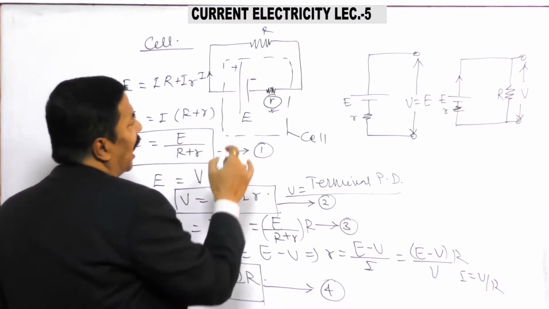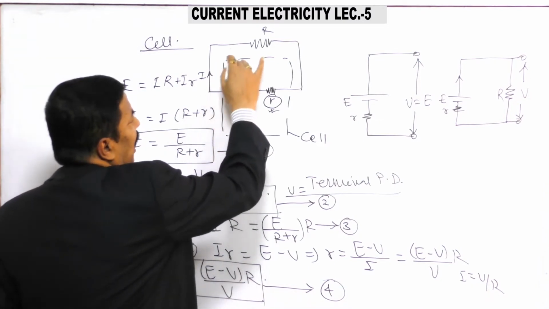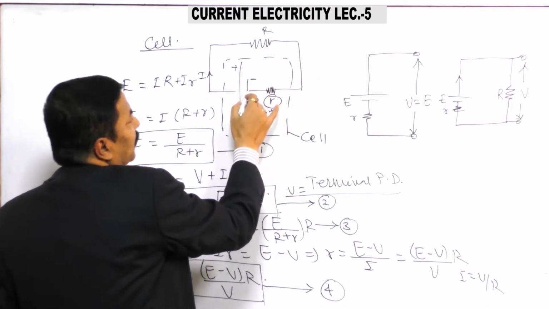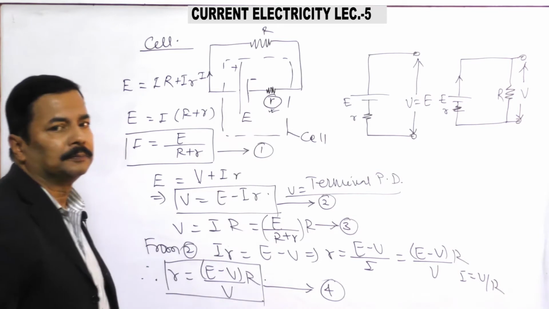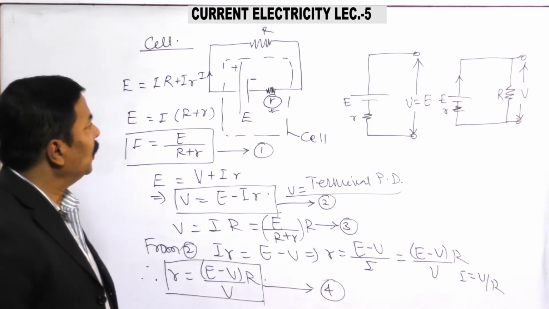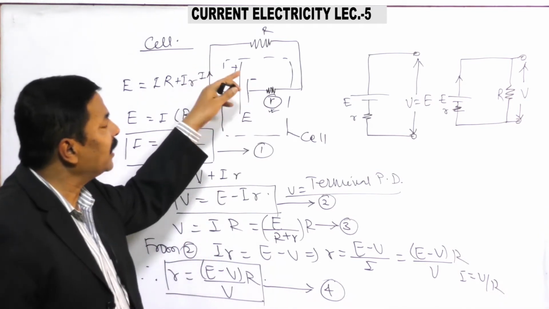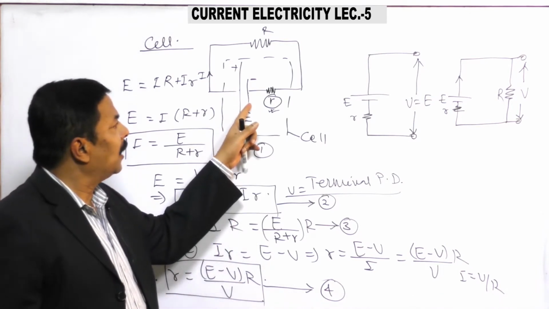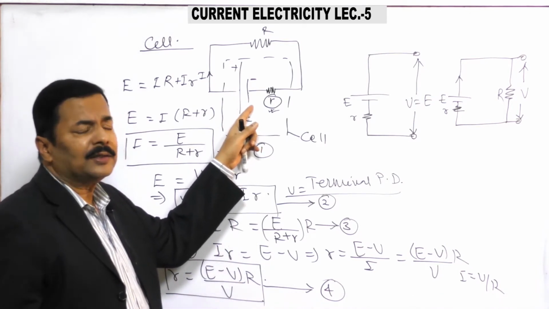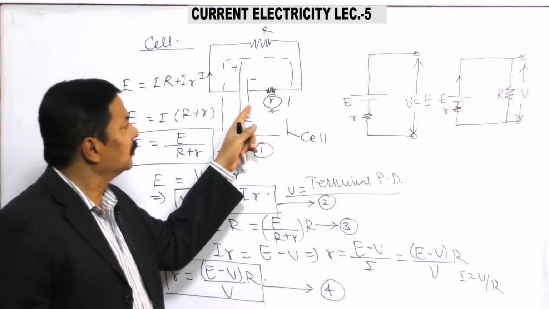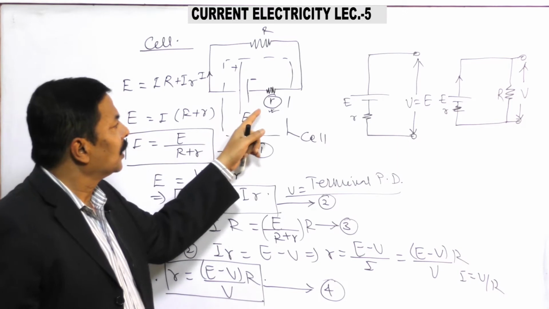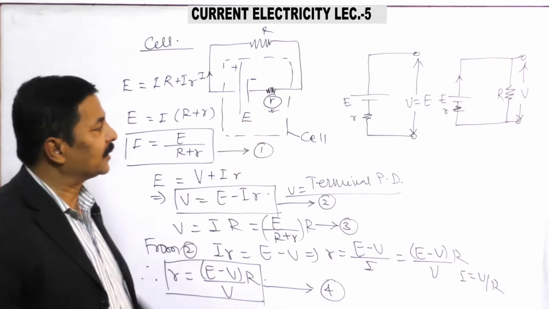Outside the cell the positive charge goes in this way, but inside the cell the positive charge goes from the negative plate to the positive plate. So inside and outside the mechanism is different, and inside it is the ions and molecules of the electrolyte that cause the internal resistance.